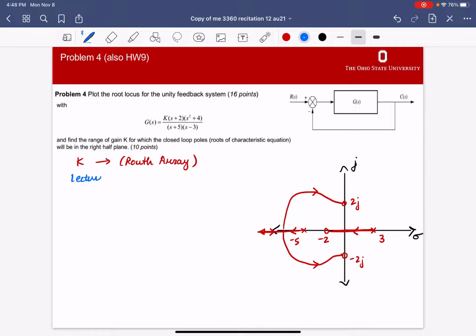But if you want to use the shortcut, this is based off something that Dr. Guvenk mentioned in lecture 26, slide 27.